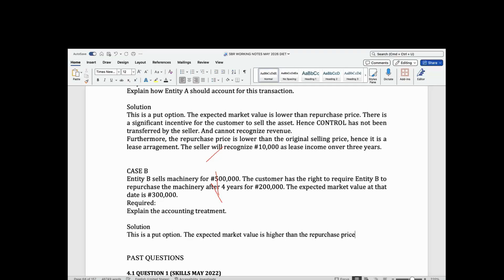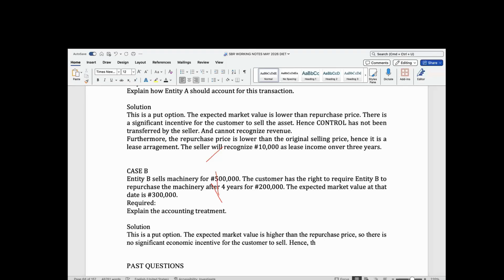You will not sell. So there is no significant economic incentive for the customer to sell.